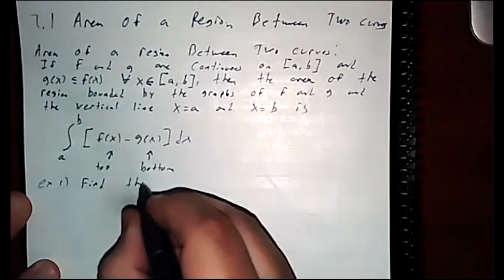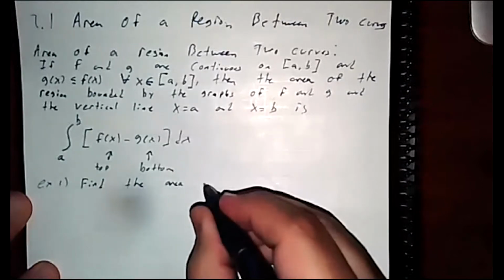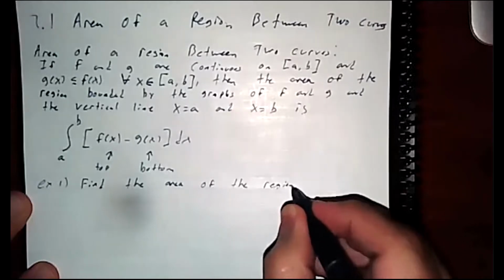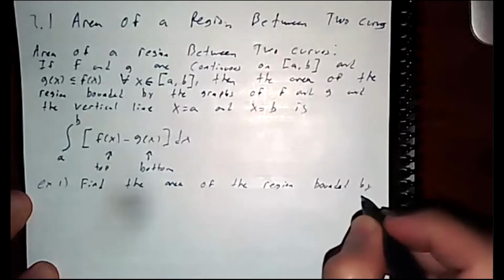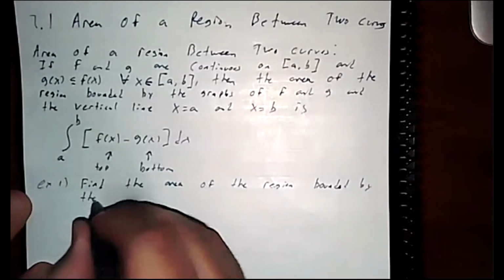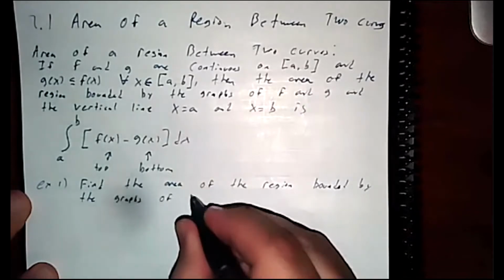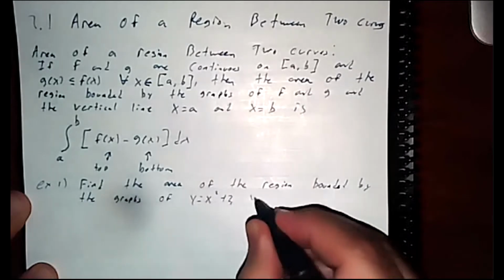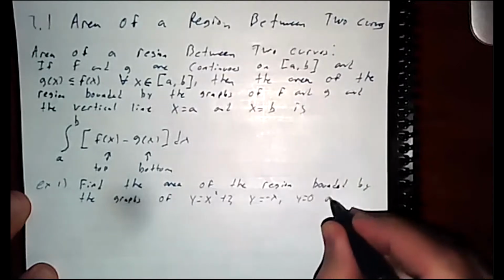So find the area of the region bounded by the graphs of y equals x squared plus 2, y equals negative x, y equals 0, and x equals 1.